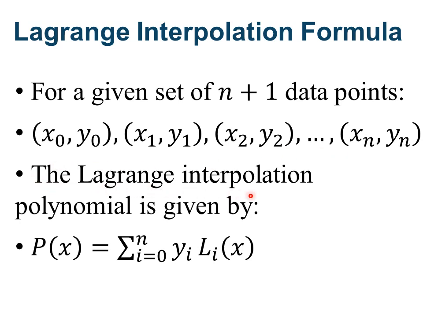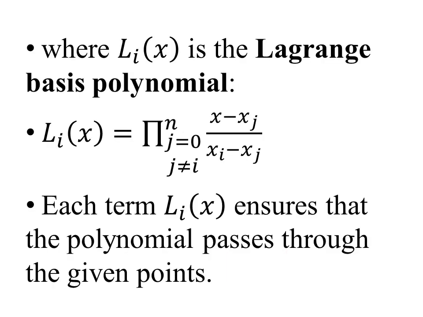The Lagrange interpolation polynomial is given by P(x) equals the summation i equals 0 to n of yi Li(x), where Li(x) is the Lagrange basis polynomial. This is a general formula. Each term Li(x) ensures that the polynomial passes through the given points.